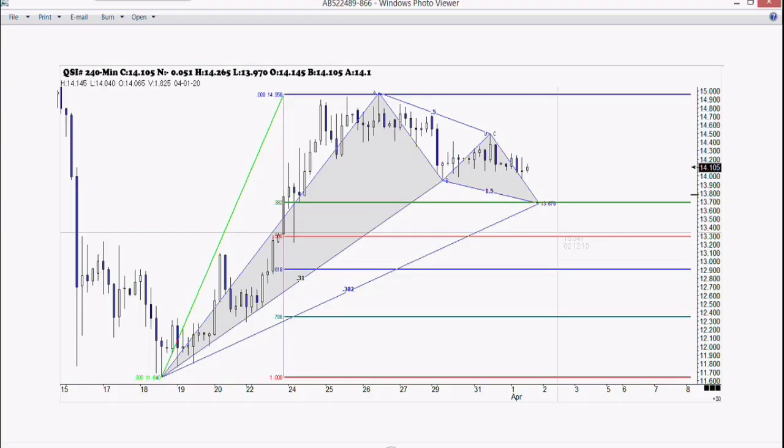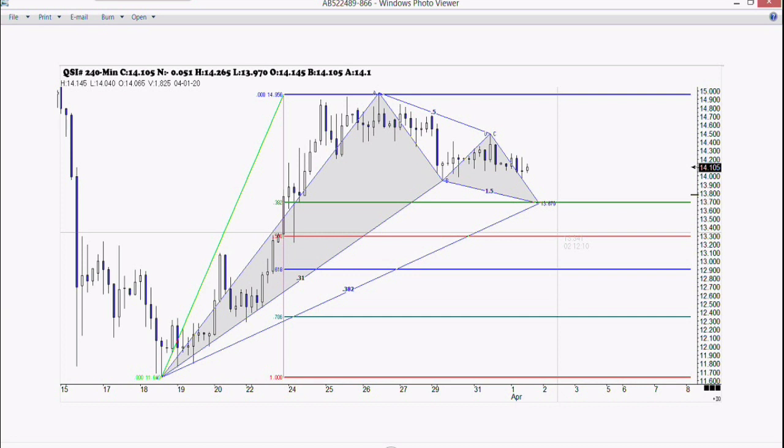This is a 4-hour chart on silver going back to the 18th of March. We had a big run where the market, you remember that 18th of March down there, that was a 1.27 expansion on the long-term weekly chart that came off of the 1975 78% retracement.